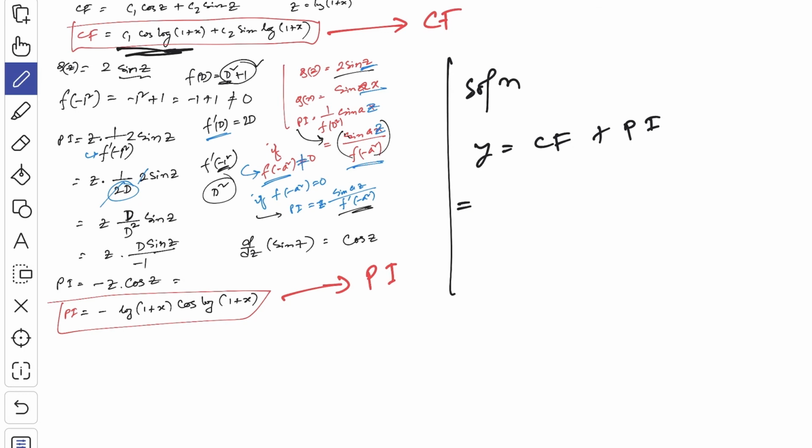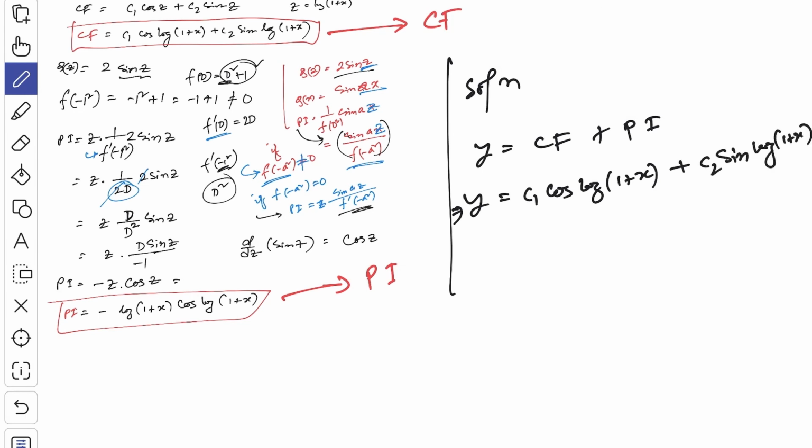CF, we have got C1 cos log of 1 plus x plus C2 sine log of 1 plus x, and we got PI, minus log of 1 plus x cos log of 1 plus x. So this is our result.